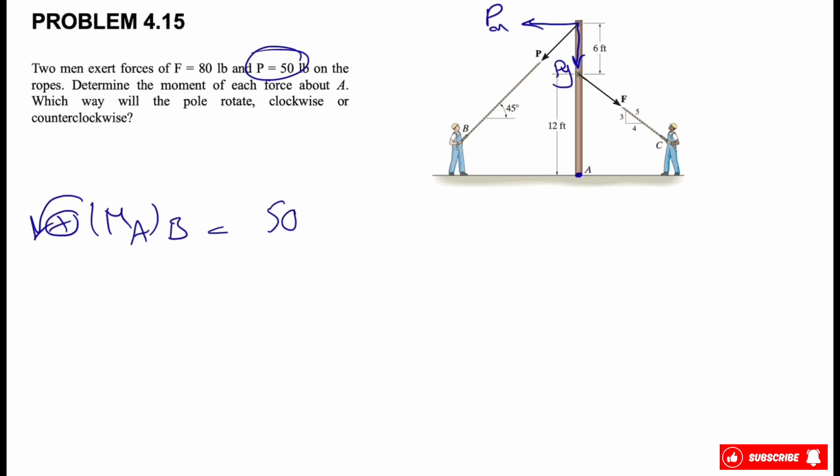What we need to figure out is the x component, and we know this angle here is 45 degrees, so cosine of 45 degrees will be the x component, and here we simply have the distance from A to the point that the force P is applying, and that would be 12 plus 6.